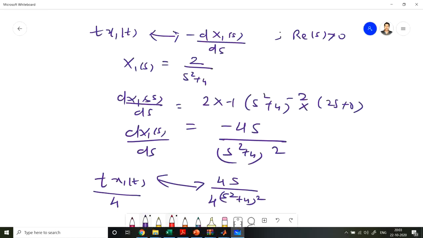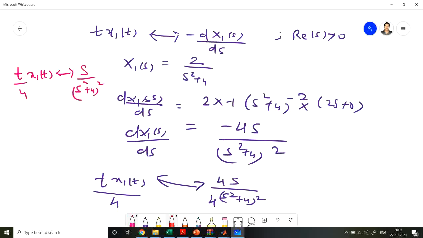Please check that the Laplace transform. So here we can write that t divided by 4 x1t, the Laplace transform is s divided by s square plus 4 whole square.